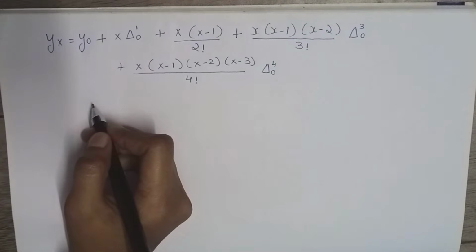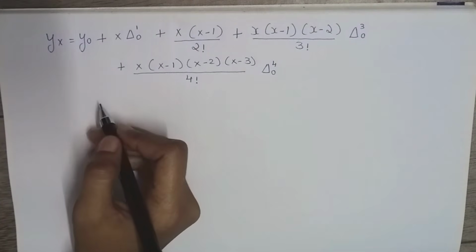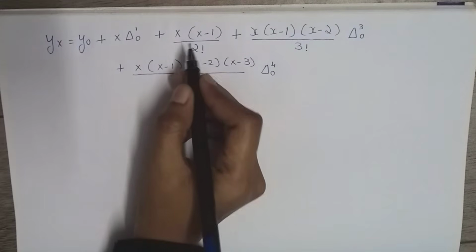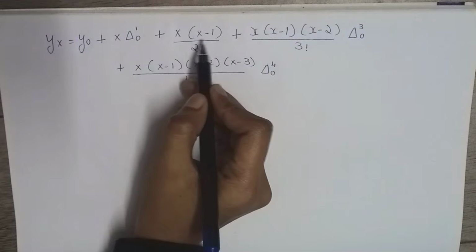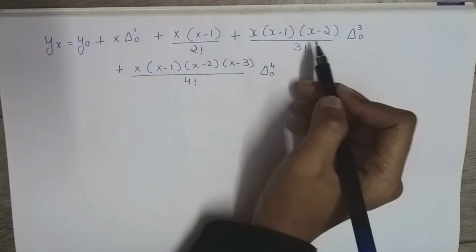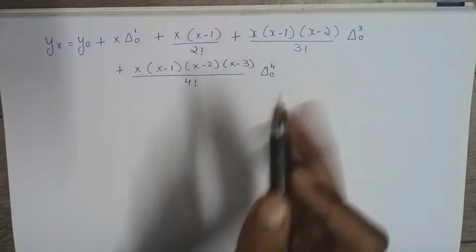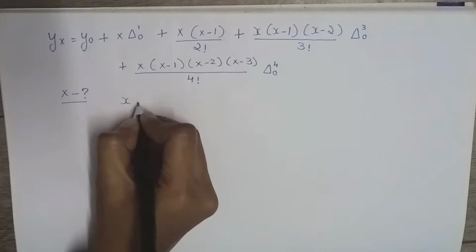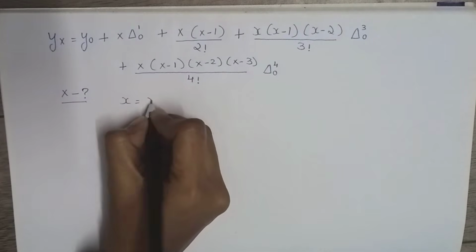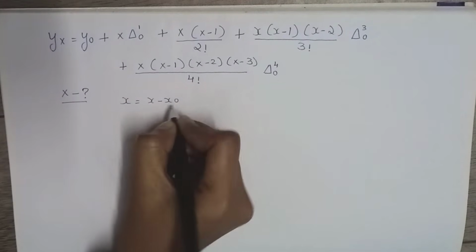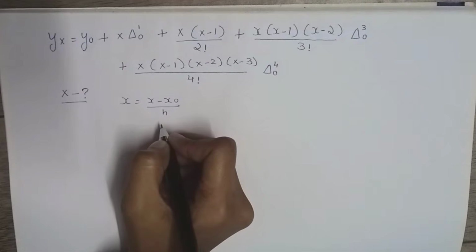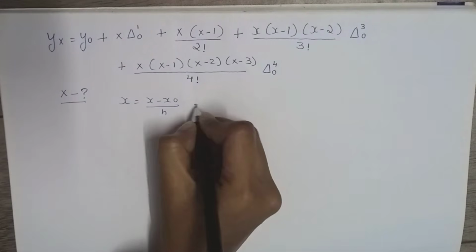So this is the formula of Newton's advancing difference method. To calculate this, first we need to know what x minus 1 is. For that we need to find x first, then we can subtract 1, 2 and 3. To find x: x equals x minus x0 divided by h. h is the difference here.